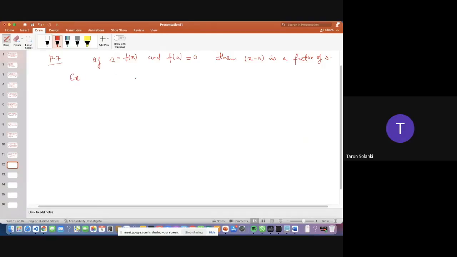That is, D equals 1 1 1, a b c, a square b square c square.